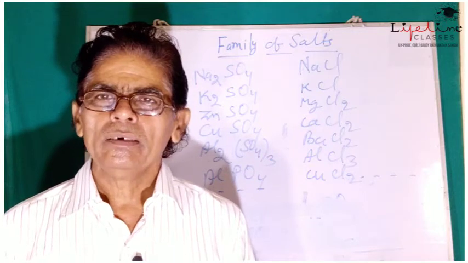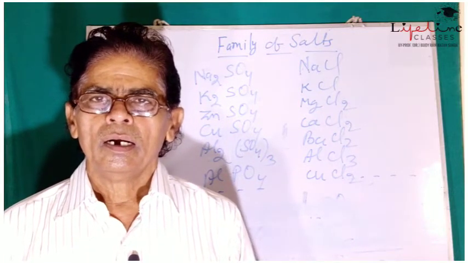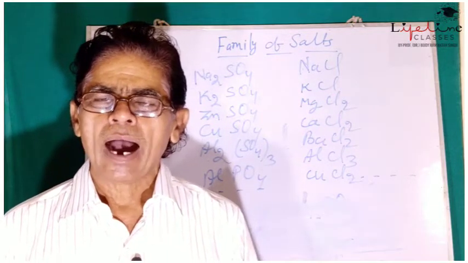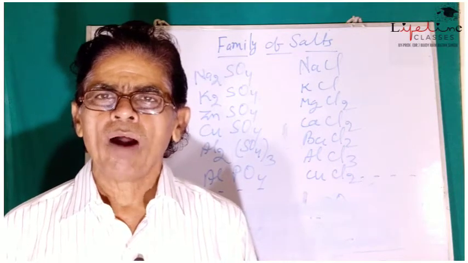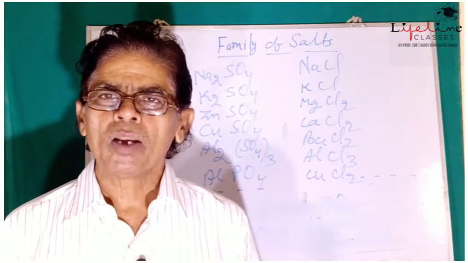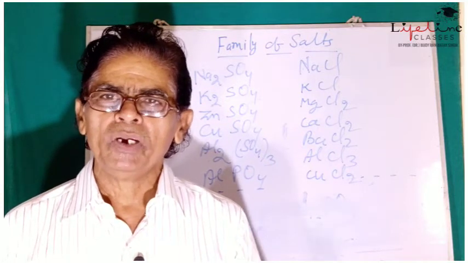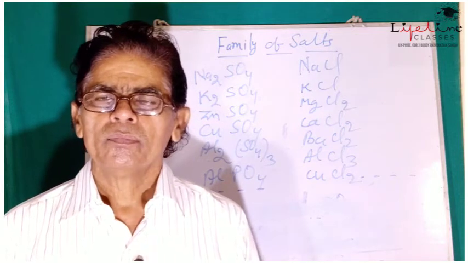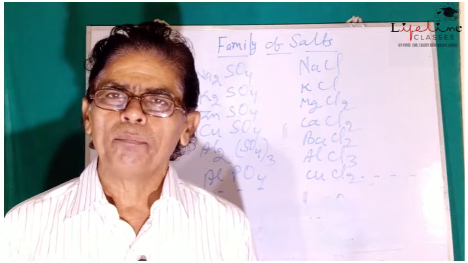Sodium chloride dissociates or ionizes completely whatever be the number of molecules taken initially to be dissolved in water, all of them get ionized into Na+ and Cl-.